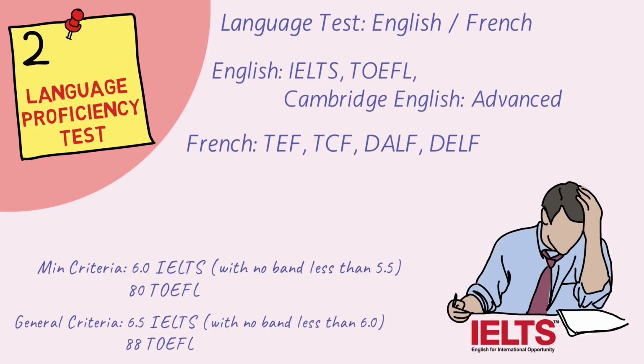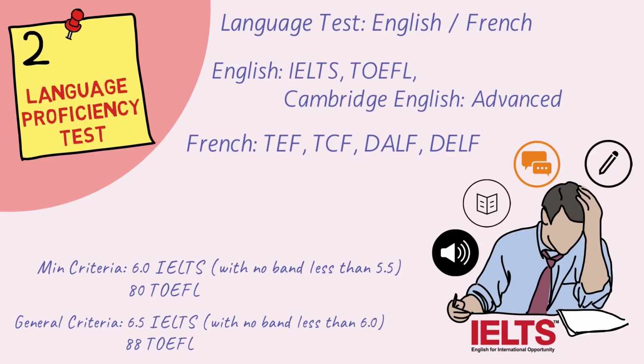You have 4 different bands: listening, reading, speaking and writing. So for the general criteria, in all those 4, you should not get less than 6. But as I told you, it does differ from one university to the other, from one college to the other. So you should definitely look for the exact requirement so that you have a goal clear in your mind that this is your requirement and this is what you have to get.